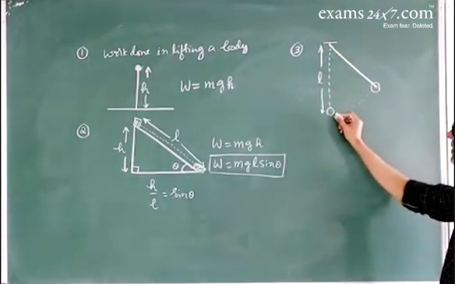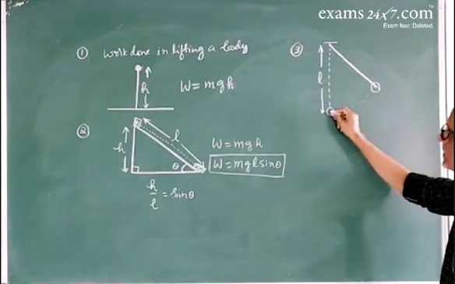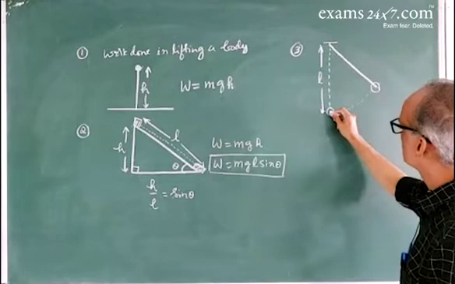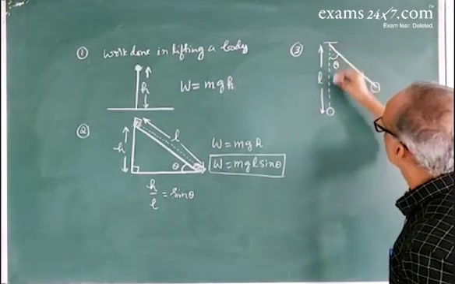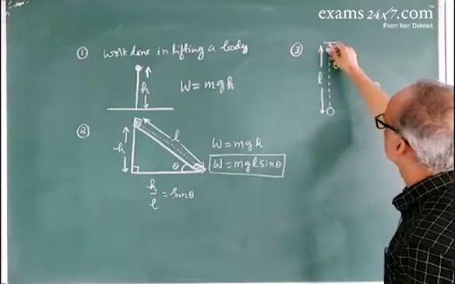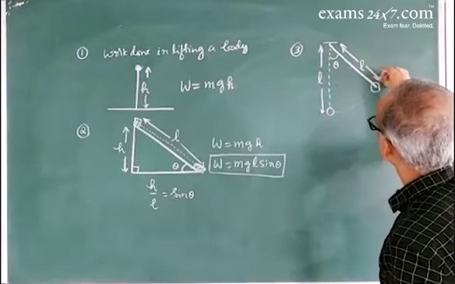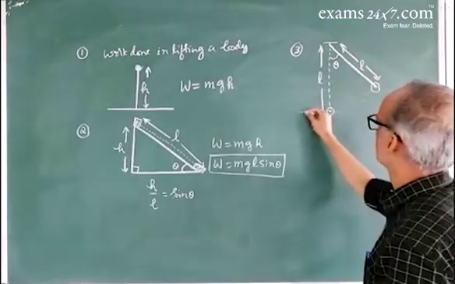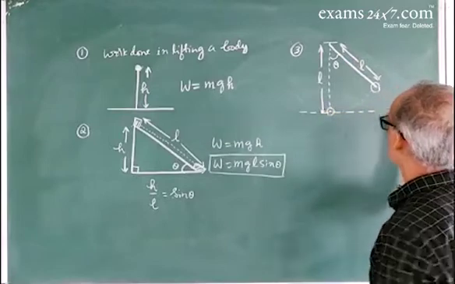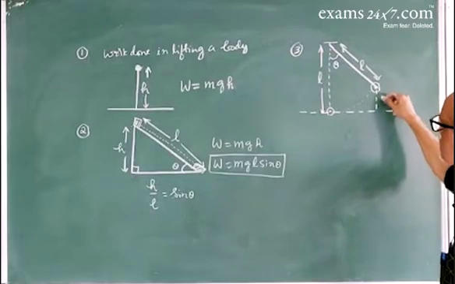What is the work done to change the position of a pendulum, or to shift the pendulum through an angle theta? Now, this is L, the length of the pendulum. You can see the center of the bob of the pendulum is raised through a height h.